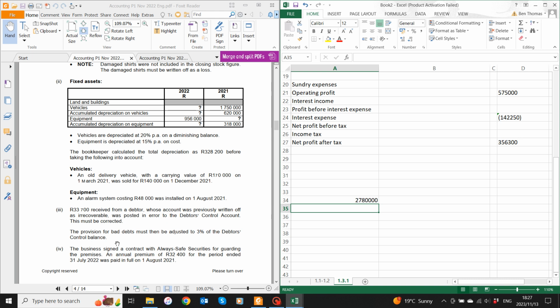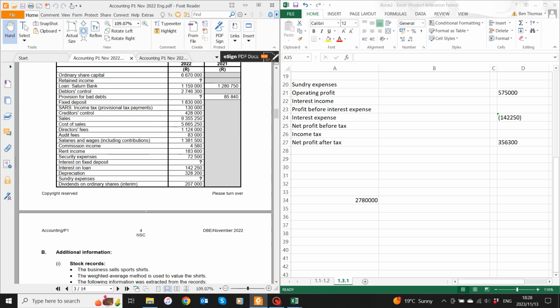So please remember, it's income if you're going to reduce the amount of provision for bad debts. Why? Think about provision for bad debts as a separate bank account. Okay, you've set aside a certain amount of money in case debtors don't pay you back. So let's look at provision for bad debts over here. It was 85,840.